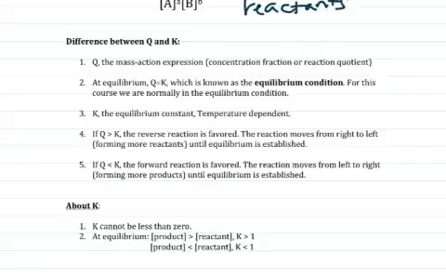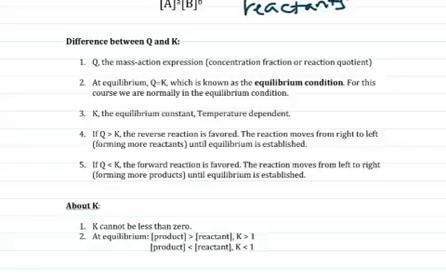The reaction moves from right to left, forming more reactants until equilibrium is established. If our reaction quotient is less than our equilibrium constant, the forward reaction is favored. The reaction moves from left to right, forming more products until equilibrium is established.